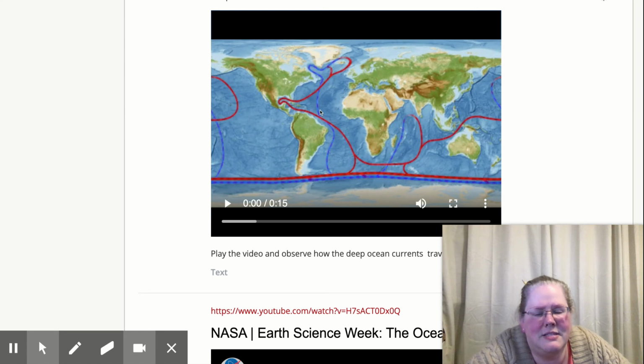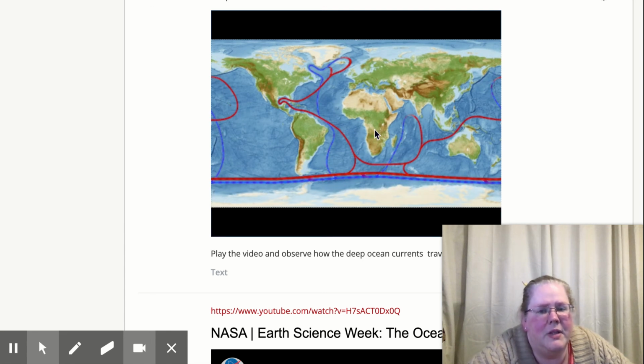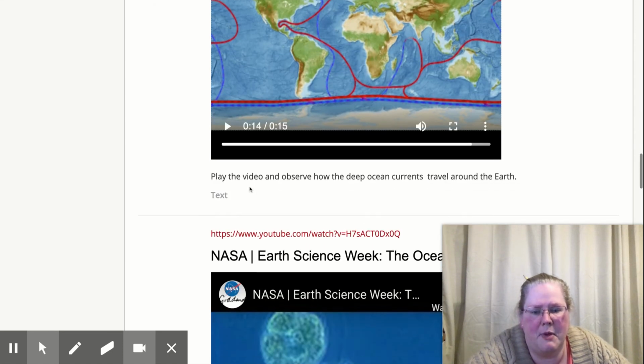So these deep water currents are actually what's providing us the ability to get that deep oxygenated, nutrient-rich water up to the less oxygenated hot water at the top so that fish can survive. So that's what that's about.